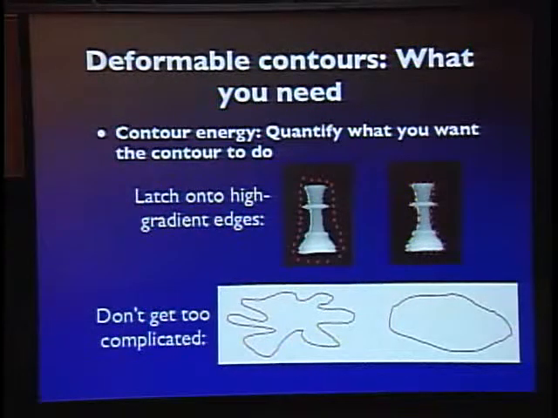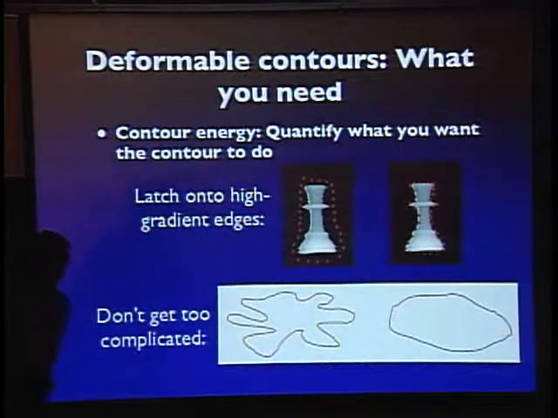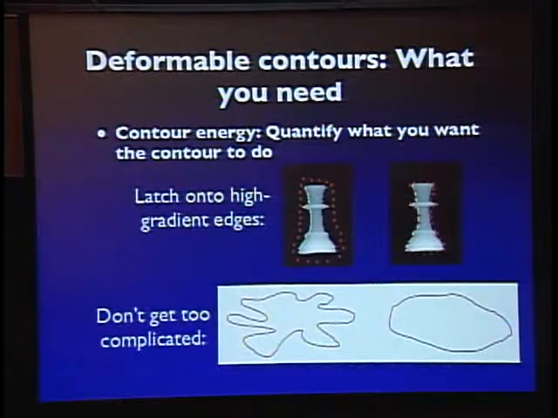In other words, they encode your notion of how well the contour is fitting around one category of pixels as separated from the other category of pixels. And by the way, I usually talk about top-down segmentation in terms of cases where you only have two categories of pixels, but it's not hard to extend this to cases where you have 3, 4, 5, 6. So it quantifies what you want the contour to do.